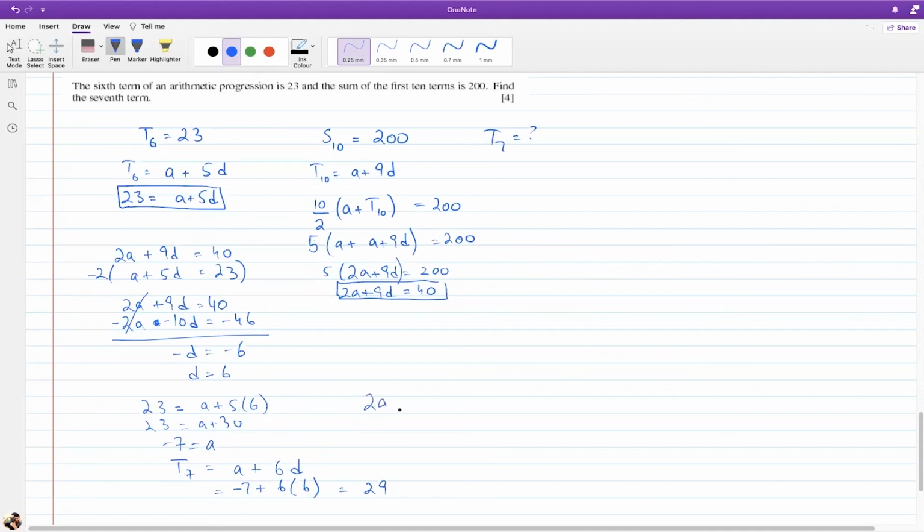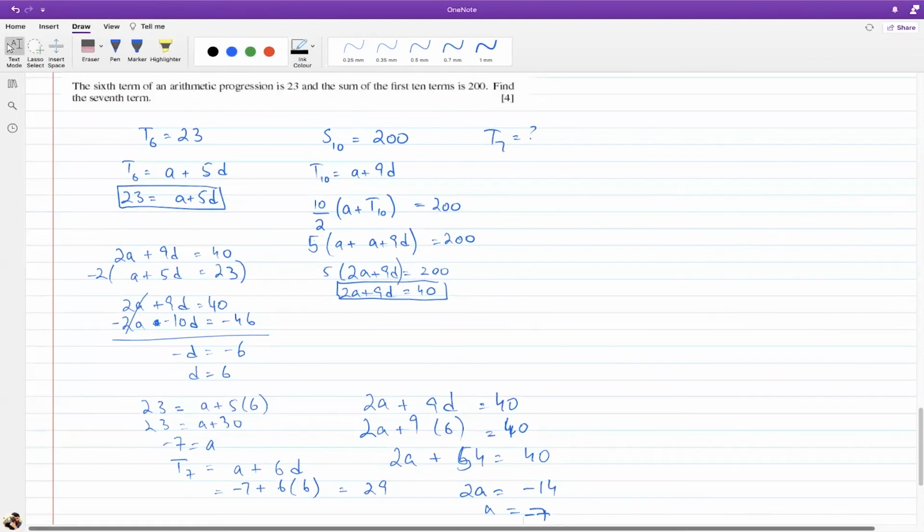So 2a plus 9d is 40, right? And I know that d is 6. So 9 times 6 is 54. So 2a plus 54 is 40. 2a is equal to minus 14. A is equal to minus 7. So even if you do that, it will give you the same answer. Sir, I गलती से divided 40 and 54. My bad.